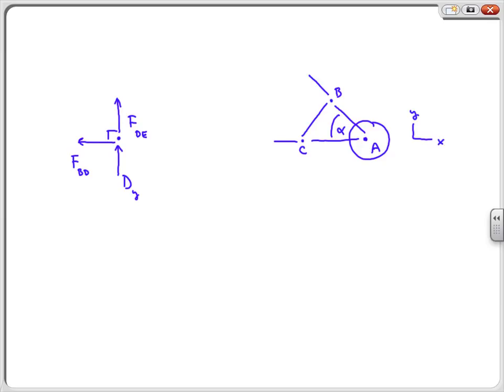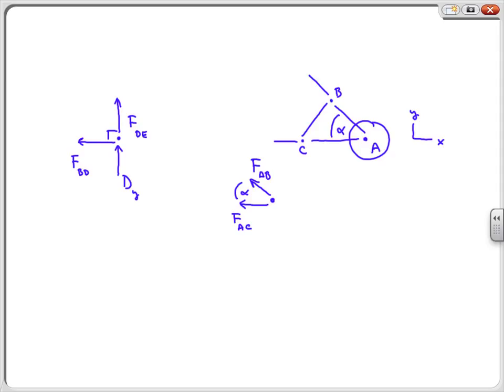So if we write our force component equilibrium equations based on a free body diagram of A, I should say first, we should actually sketch that out. Here we're going to have FAB, and here is FAC. Here's this angle alpha here.